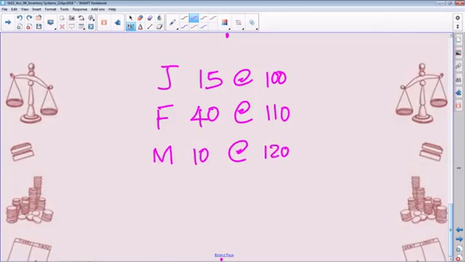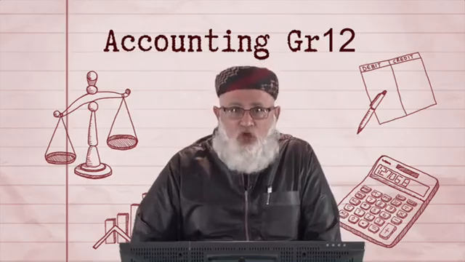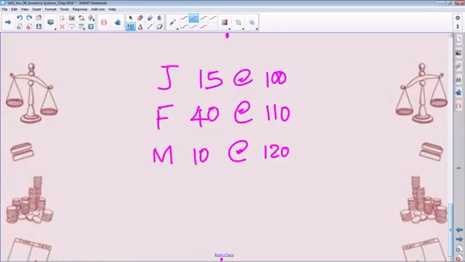Okay, let's assume that March was the end of my financial year. And if I told you that I'm left over with closing stock, I'm left over with 25 units.